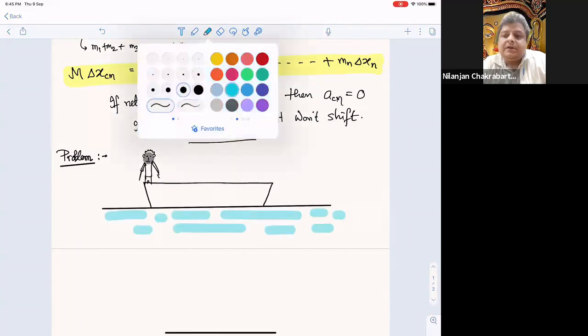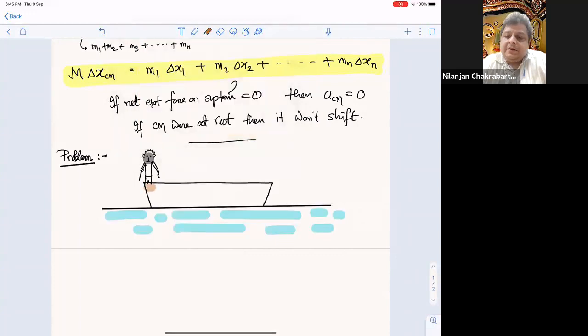This is water, and the person is standing on a boat. Okay, and the length of the boat is L. Length of the boat is L.